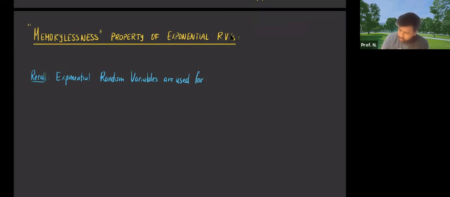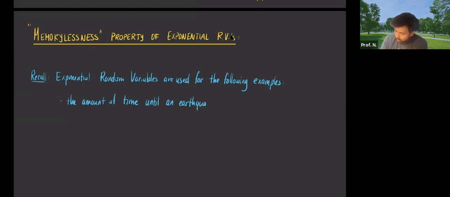So examples are used for the following examples. So, for example, the amount of time until an earthquake occurs.